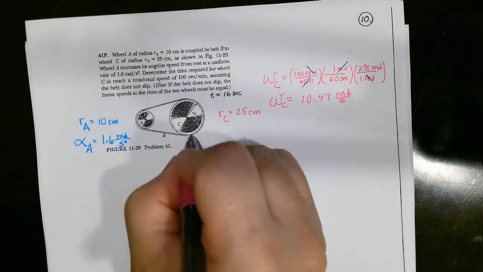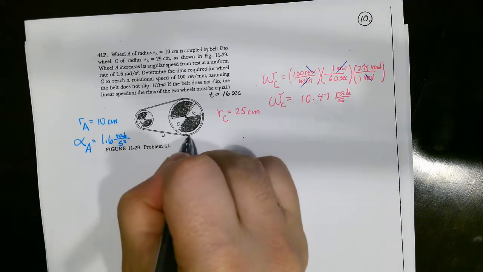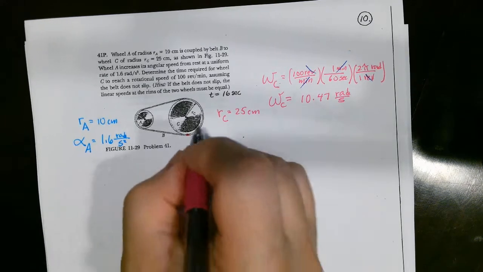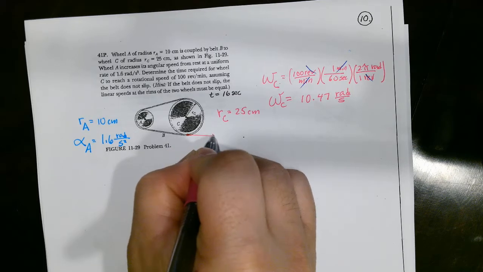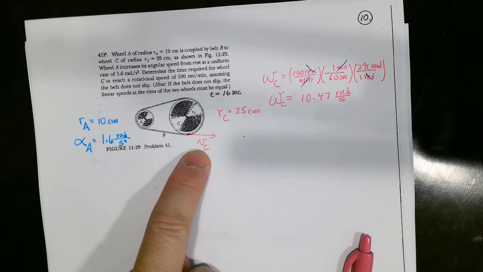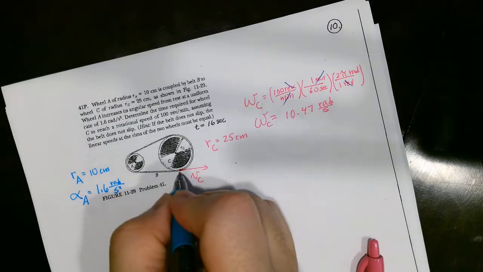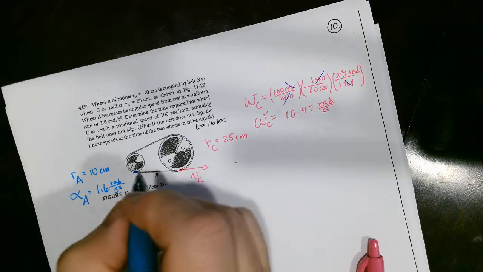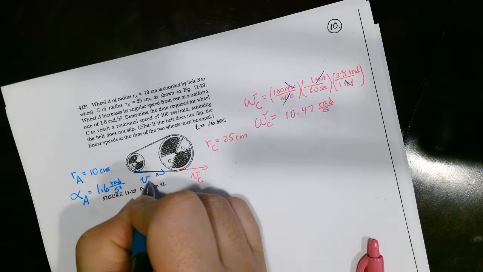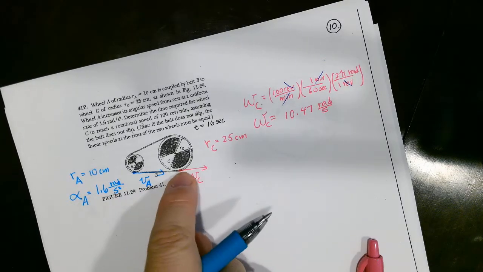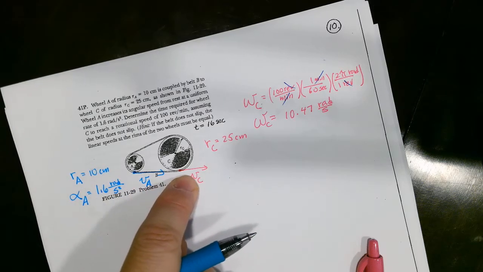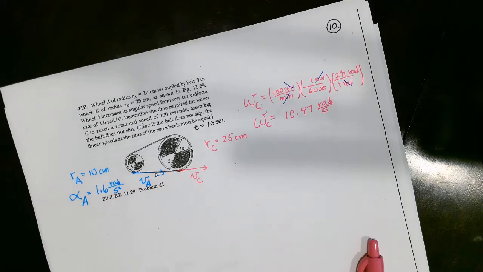So the instantaneous tangential velocity v at this point on the belt, compared with the instantaneous tangential velocity at this point, these 2 points placed on this belt will travel at exactly the same speed.